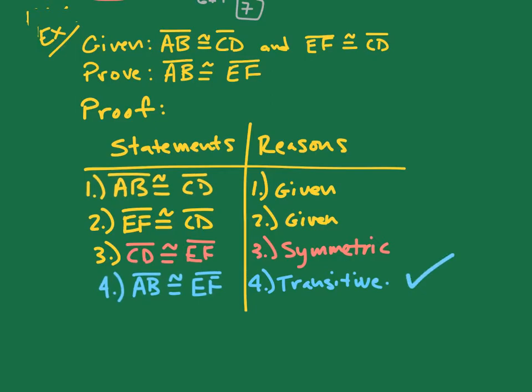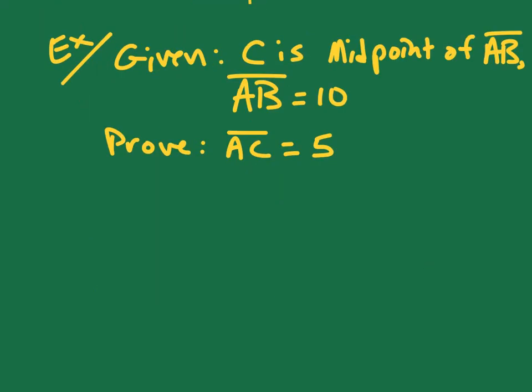Okay? Now let's look at another example. On this example, we're given that point C is the midpoint of segment AB. And if AB is equal to 10, then prove that the length of AC is 5. So real quick, I'm going to draw a picture for this situation.